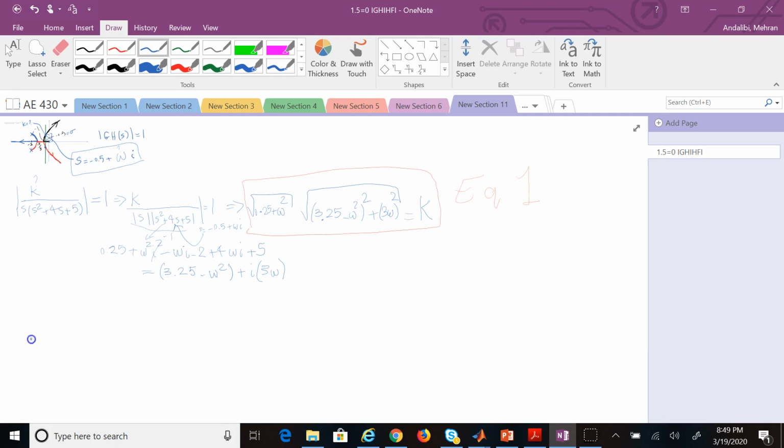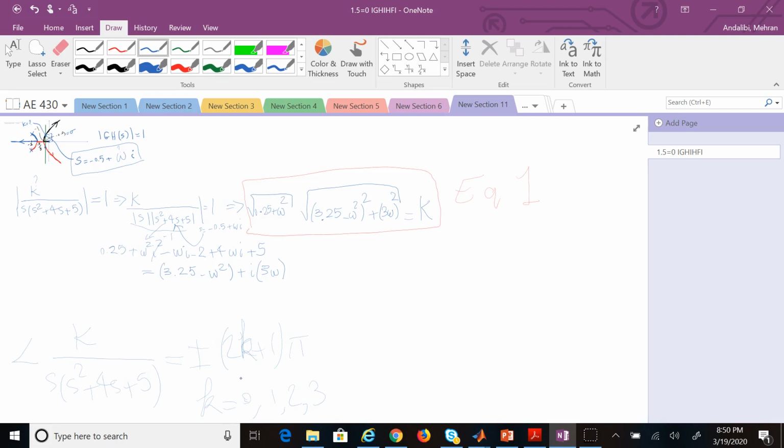The second equation says the phase of k over s times s squared plus 4s plus 5 at that location is equal to plus or minus 2k plus 1 times pi, and again this k is the small k, which could only be 0, 1, 2, and 3 in this problem.